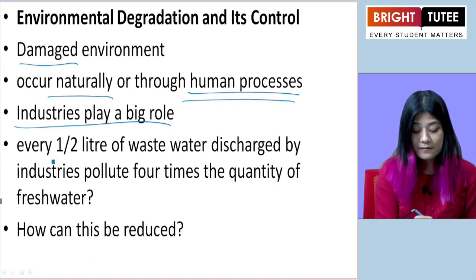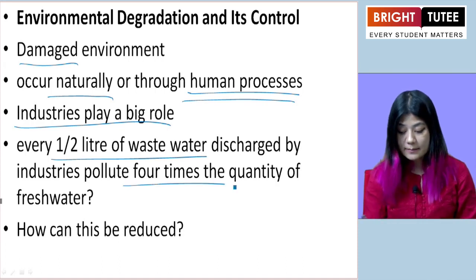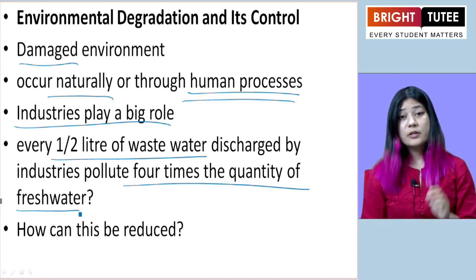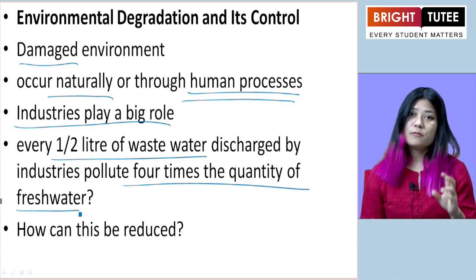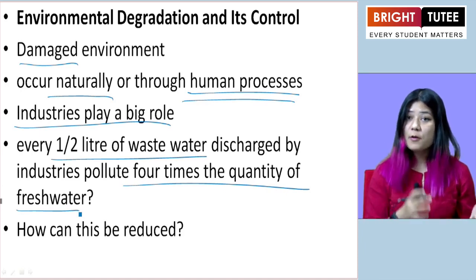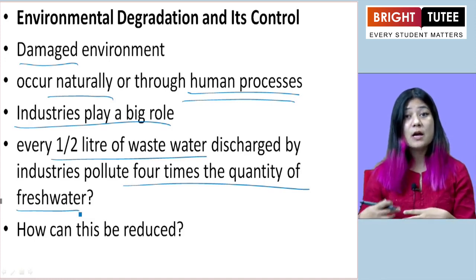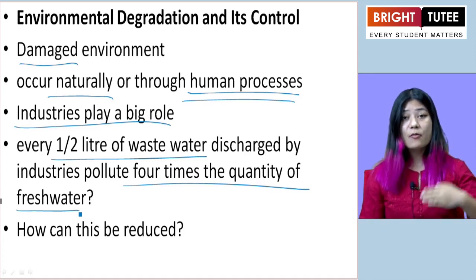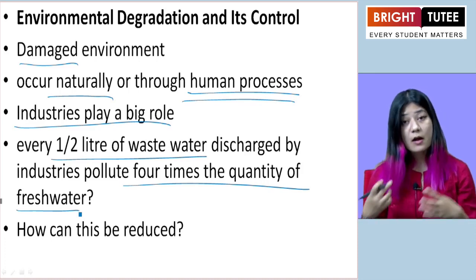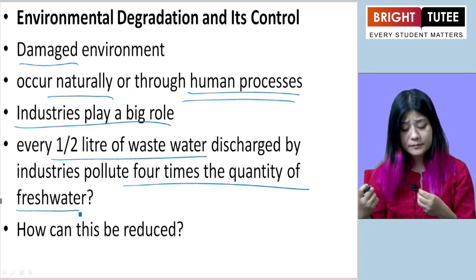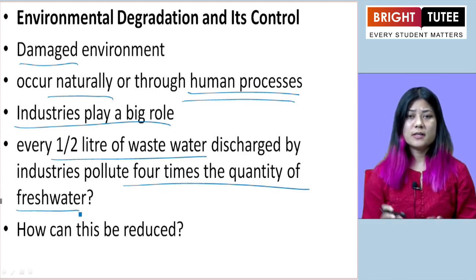With every half liter of wastewater discharged by industries, it pollutes 4 times the quantity of fresh water. So imagine, with only half liter of water discharged from the industries, the fresh water is polluted 4 times over. So you can imagine how at a higher pace the pollution takes place with the industries' production activities. So we know that industries cause a great amount of pollution.